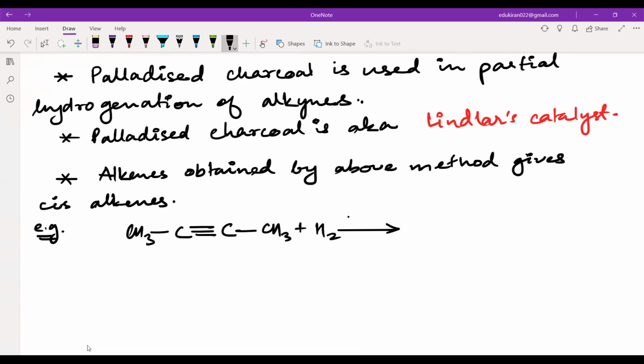Plus H2, palladized charcoal, the Lindlar's catalyst. Then you will be getting C double bond C. First of all, you will make this. Now, as you know, it is palladium over charcoal. It will be giving you what? Cis alkene. So you'll make the CH3 here. This R group will be attached. CH3 here, and the hydrogens will be here and here. So this will be a cis alkene.